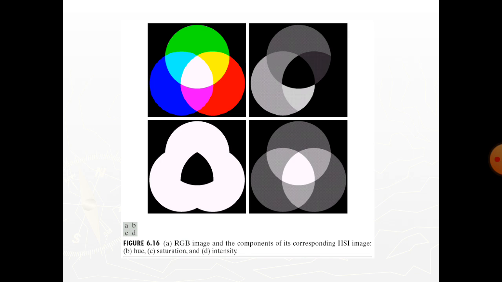To change the individual color of any region in the RGB image, we can change the values of the corresponding regions in the hue image.